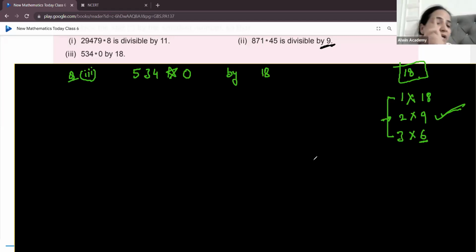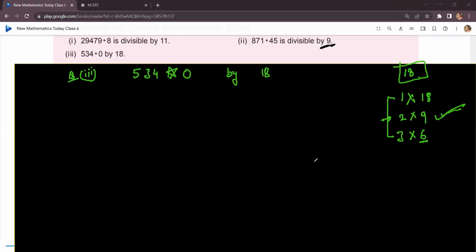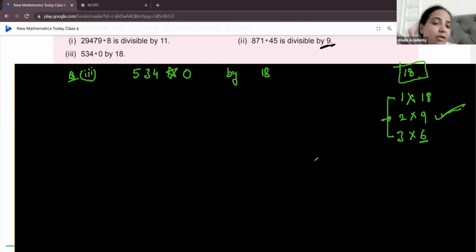So they have only one factor common, that is 1. They can be both prime, they can be non-prime, but they only have the common factor 1. Their HCF is 1 actually. Understood?